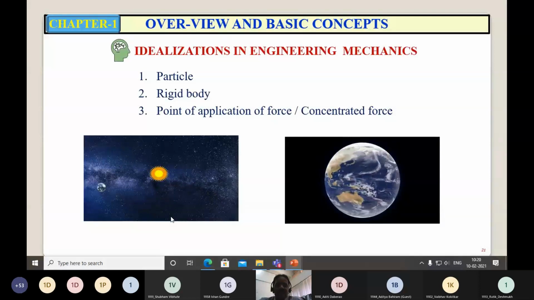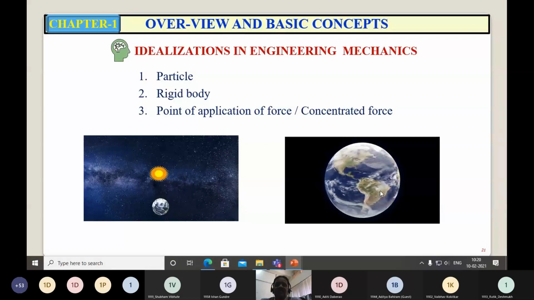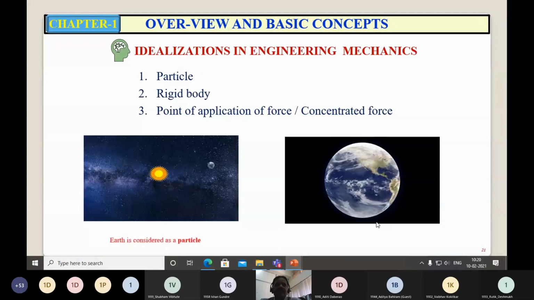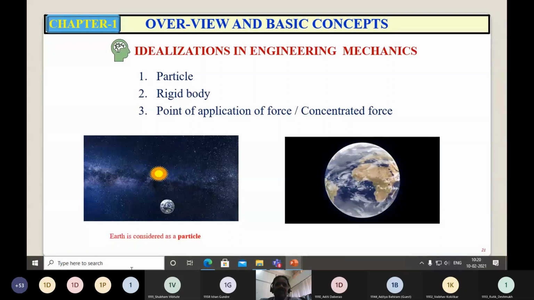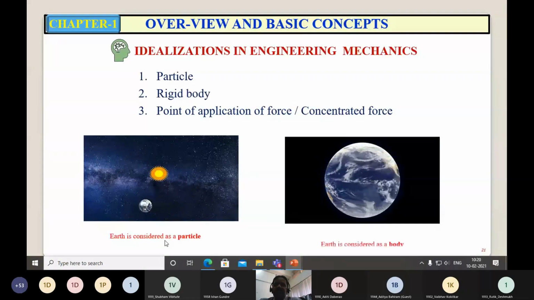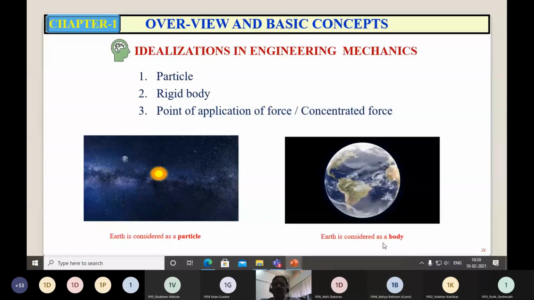Are you getting my point? So while studying the motion of the earth around the sun, we can treat the earth as a particle. At the same time, while studying the rotation of the earth about its own axis, we have to treat that earth as a body, right? So earth is considered as a particle over here, and here it is considered as a body.